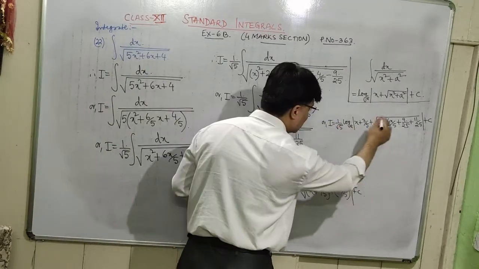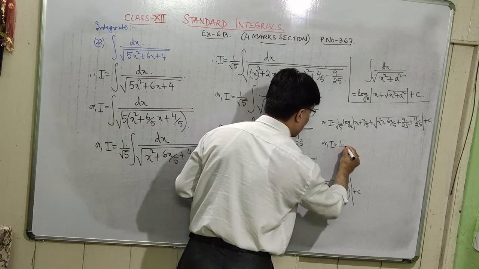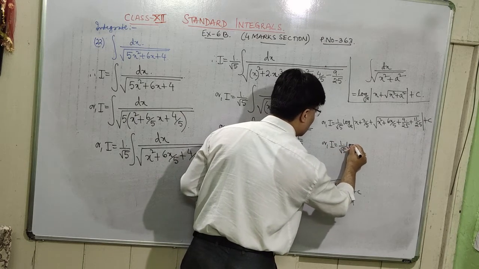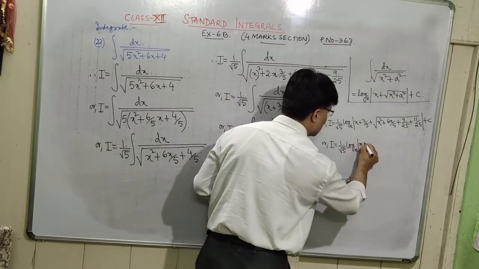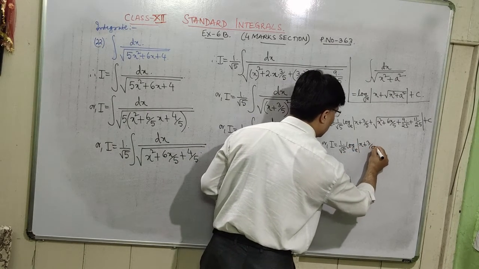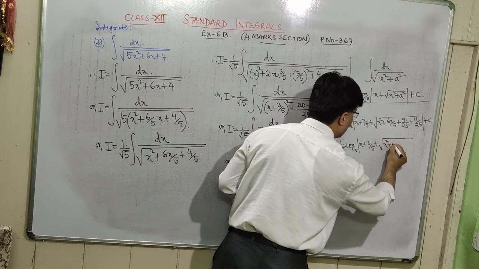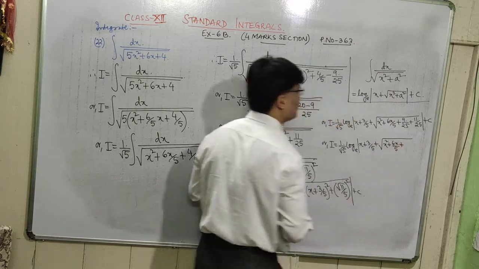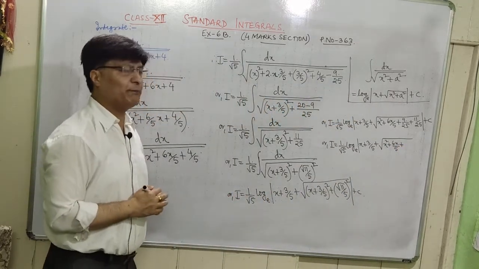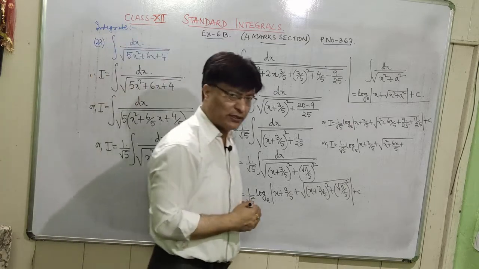So again you can simplify the expression under the square root. I is equal to 1 by root 5 log within mod, the base is e, x plus 3 by 5 plus root over x square plus 6x by 5 plus, what is 9 by 25 plus 11 by 25? That is 20 by 25, isn't it?